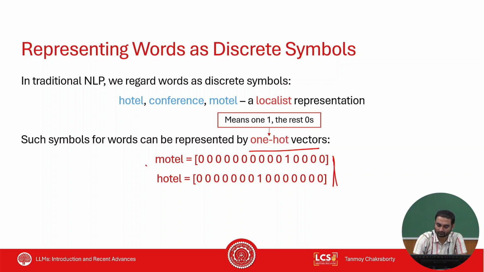If you take the dot product of these two vectors, the dot product would be 0. It means that they are basically orthogonal to each other, although their semantics is almost the same. So one-hot encoding is not a good approach.